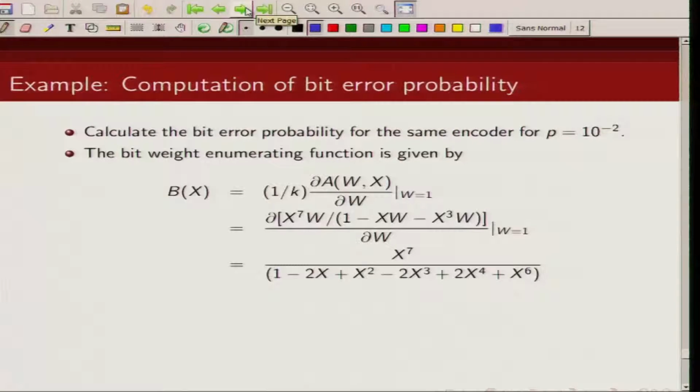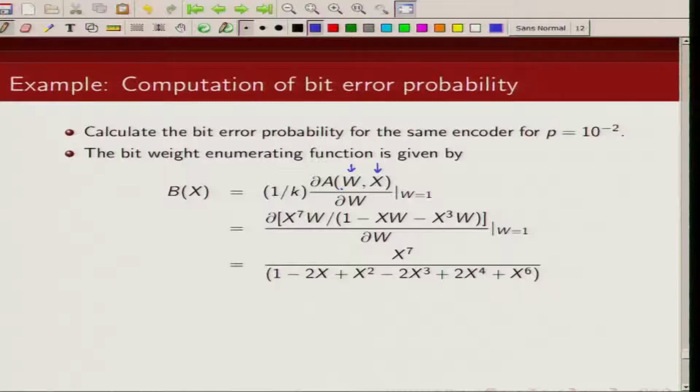So, assuming you have the weight enumerating function, and you have the input output weight enumerating function which will tell you what information bit causes what corresponding output weight, you could compute bit weight enumerating function by partial derivative of your input output weight enumerating function with respect to w and putting w equal to 1, and 1 by k times that. If you do that, you will get the expression for bit weight enumerating function.